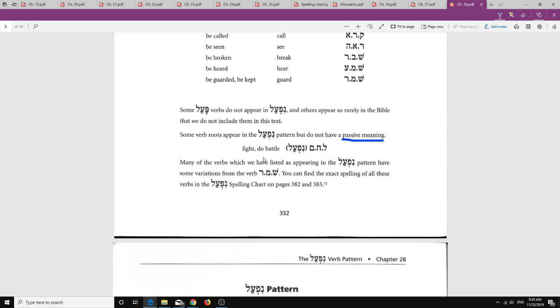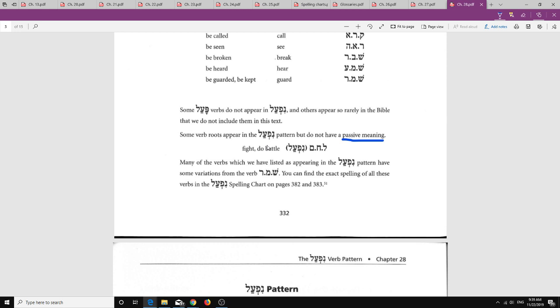An example of that is the vocab word from above, lamed chet mem. In the niphal, this would be nilcham. That just means it doesn't have a passive sense to it. It just means fight or do battle.